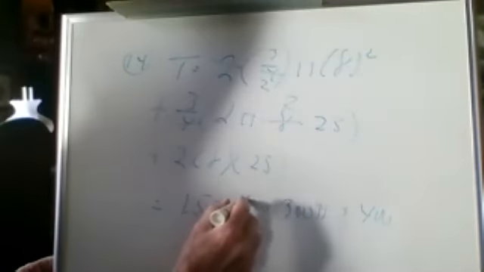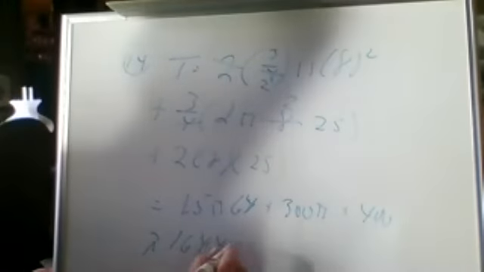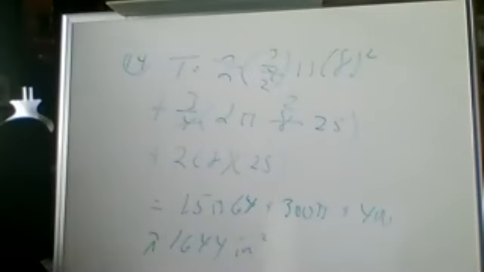So 1.5 times 64 times pi plus 300 pi plus 400 should end up being approximately 1644 inches squared. You guys finish out the rest with your calculator, but it should be 1644.